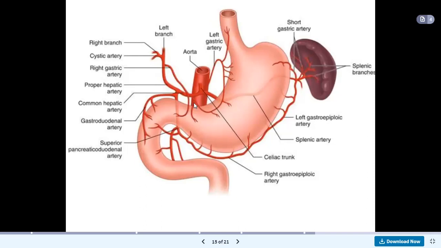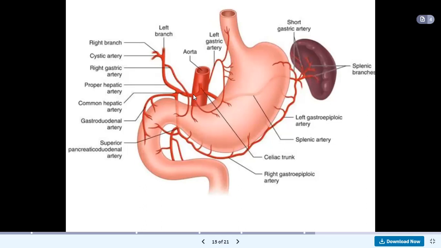These branches supply the lower part of the right part of the stomach. The lower part of the right part of the stomach is supplied by the right gastric artery, which is a branch of the hepatic artery. So the proper hepatic artery, you see, is coming from the celiac trunk.